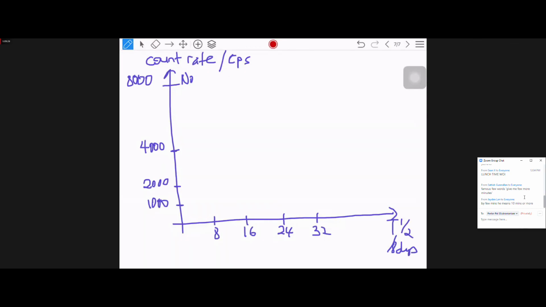This is how the graph will look. See carefully. At time 0, it was here. After 8 days, it will be here. After 16 days, here. After 24 days, here. So you will get a perfect curve.